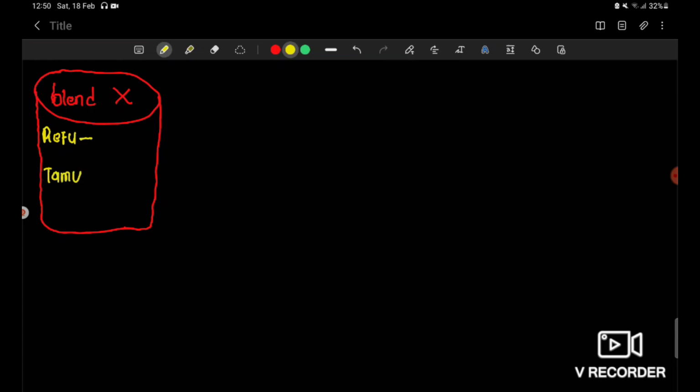And how many kgs of refu are in blend X? 6 kgs of refu are in blend X. And how many kgs of tamu are in blend X? The number of kgs of tamu that are in blend X are 4 plus 8. These are the 8 that was added to blend A to create blend X. These are the 4 that was originally in blend A. So it is 4 plus 8.